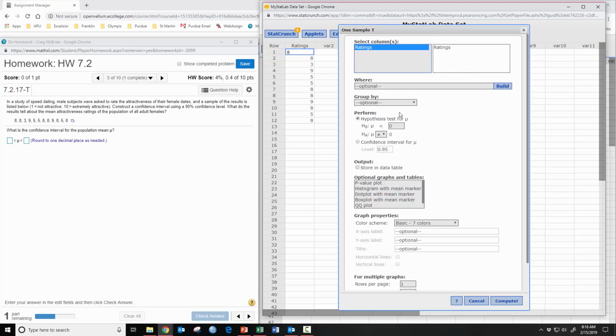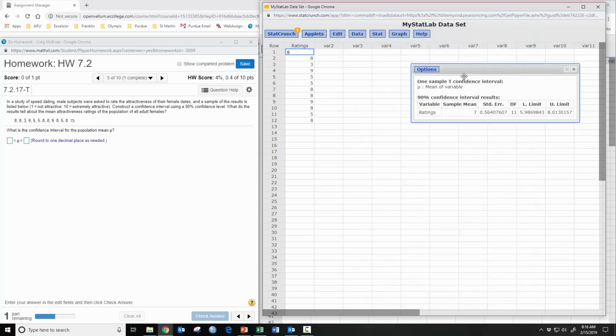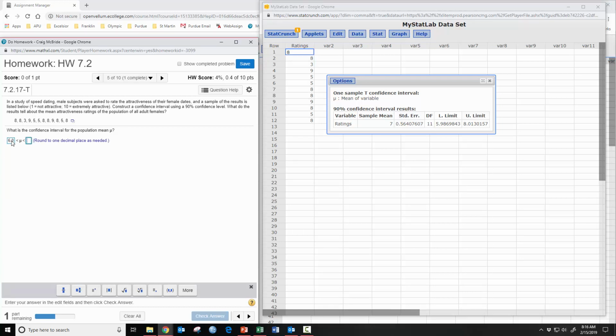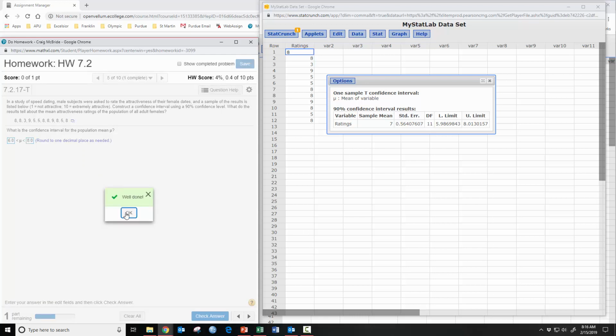Bring this over. We want to do a confidence interval, change this to 90, hit compute, and there are the lower and upper limits. So we can type these in again, rounded to 1. So that's going to be 6.0, and then rounded to 1 is going to be 8.0, and we're all good to go.